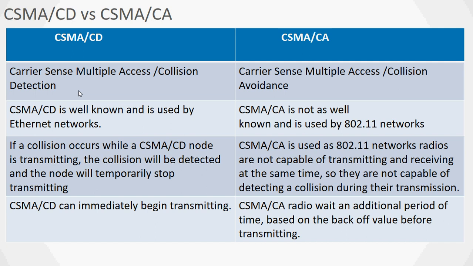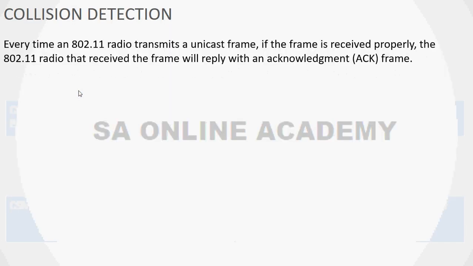So how will collisions be detected in CSMA/CA based 802.11 networks? Let's have a look. Every time an 802.11 radio transmits a unicast frame, if the frame is received properly, the 802.11 radio that received the frame will reply with an acknowledgement frame. So if person A is sending to person B and person B receives the frame properly, then person B replies with the acknowledgement.